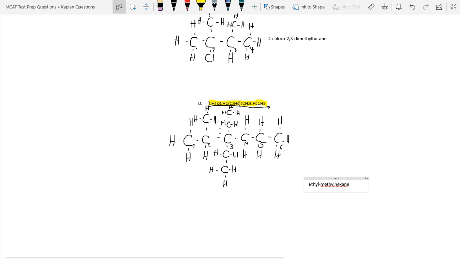I have 1 methyl group, so I don't need to add any prefixes to that, but I have 2 ethyl groups, so that's diethyl. And on my carbon chain, both the ethyls are on 3, so that's 3,3 diethyl, and my methyl's on 2. So 3,3 diethyl, 2 methyl hexane.